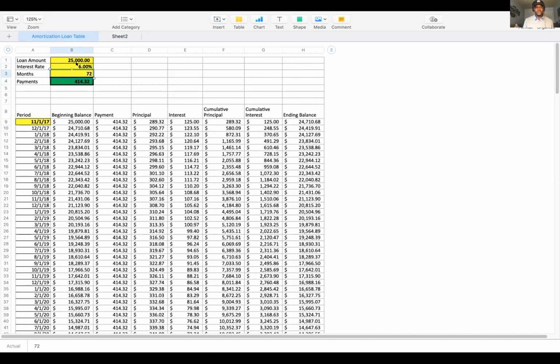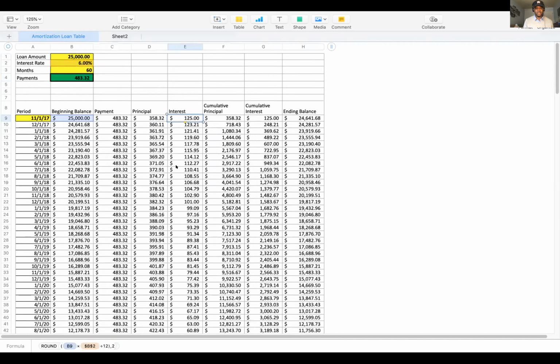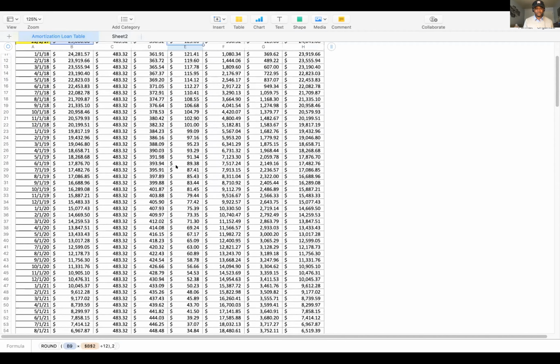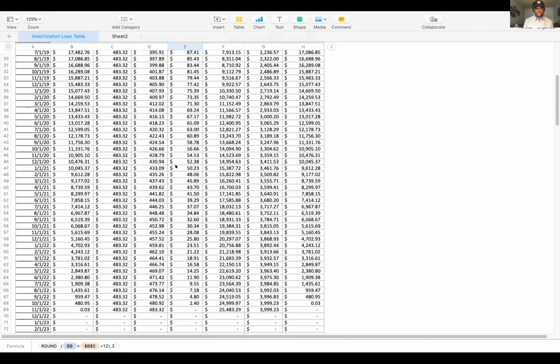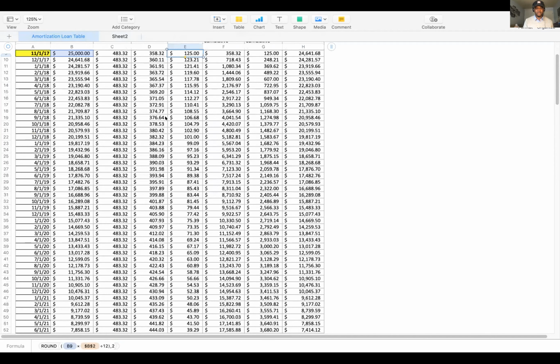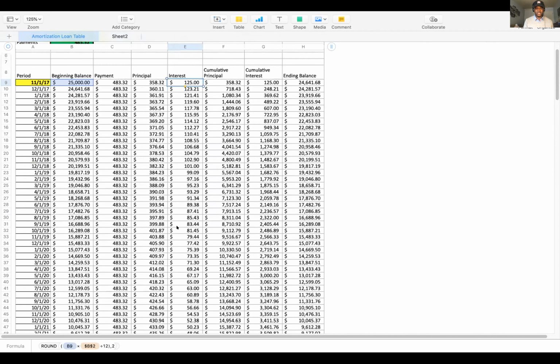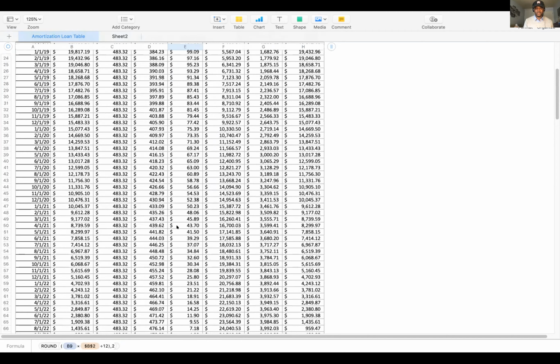If you say, I want to finish that up in 5 years, not 6, 60 months, it'll make your payment go up to $483.32. And then you can see the amount that's going first to interest, then to principal. You can see how that works its way out, where you're paying less and less in interest as it goes down.